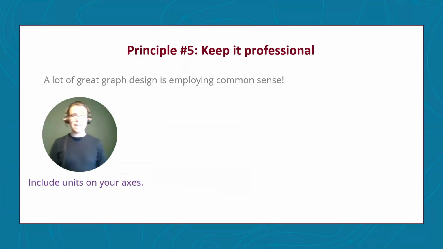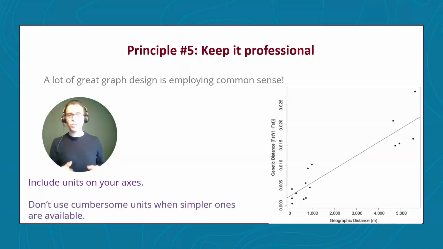Second, remember that data often have units and that those units should be obvious in our graphs. If possible, we should be stating them right in our axis titles and not burying them in the captions or in the text. Also, I think you should be considering whether your units are as simple as they possibly could be in a graph.